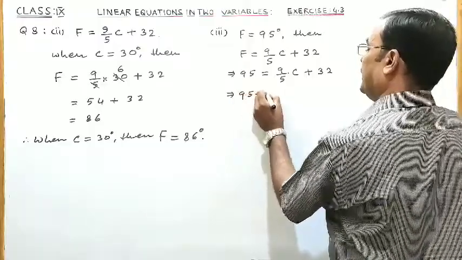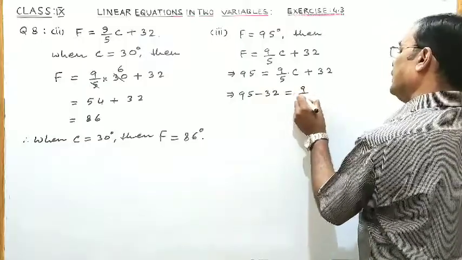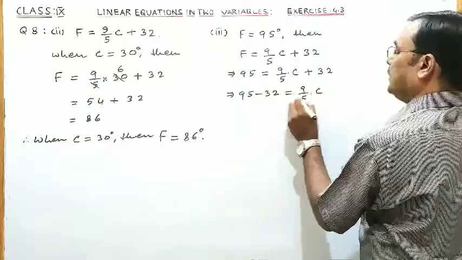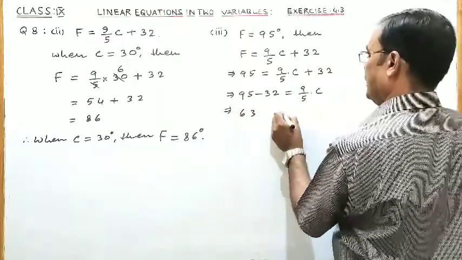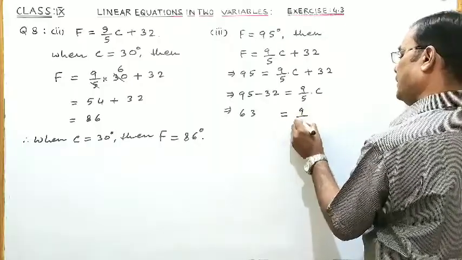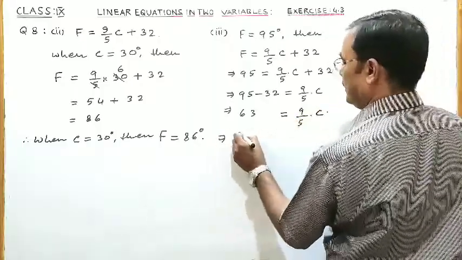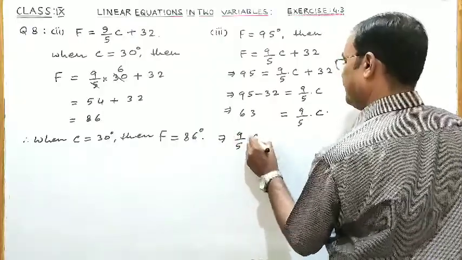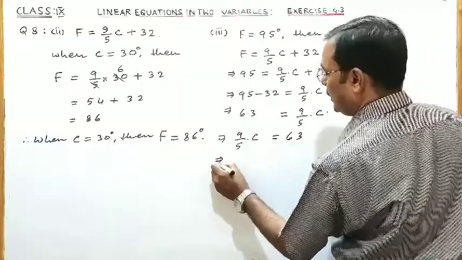So 95 minus 32 is equal to 9 by 5 into C, which is 63 equal to 9 by 5 into C. So 9 by 5 into C is equal to 63.